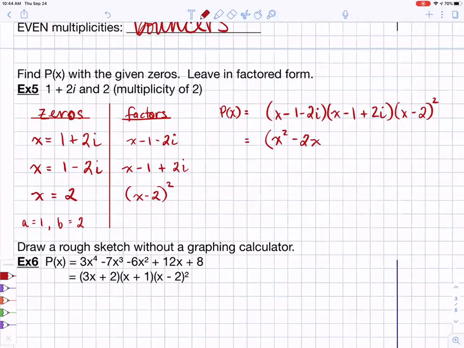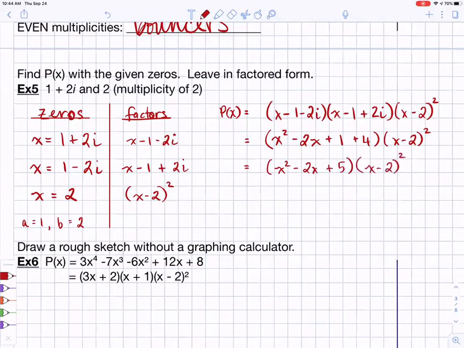What's my third term? Which is plus 1. And what's my fourth term? And that is 4. So we'll clean that up, and then it will be in factored form. So we've got x squared minus 2x plus 5 times x minus 2 quantity squared.